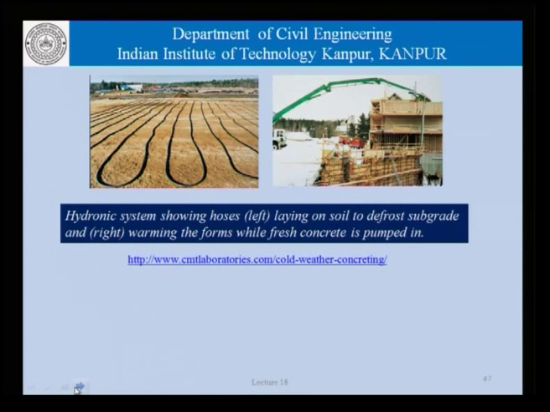This picture here is that of a hydronic system showing hoses on the left laid on the soil to defrost the subgrade, and on the right here we have these pictures on the formwork to warm the forms while the concrete is being pumped.